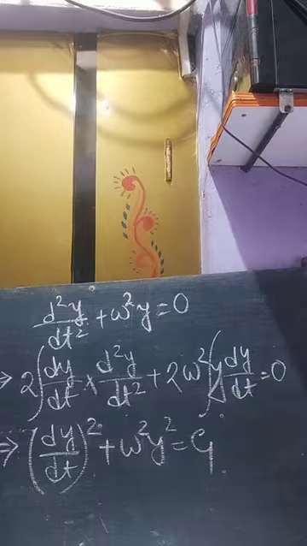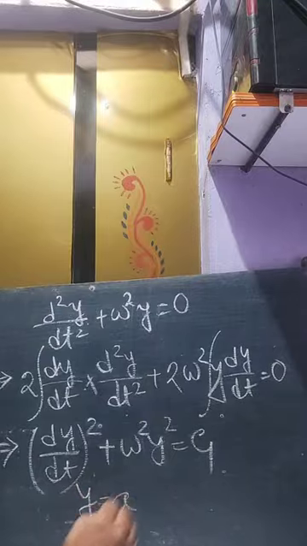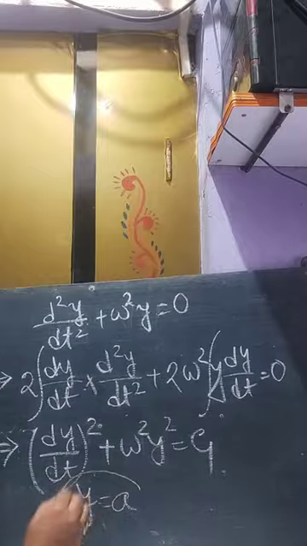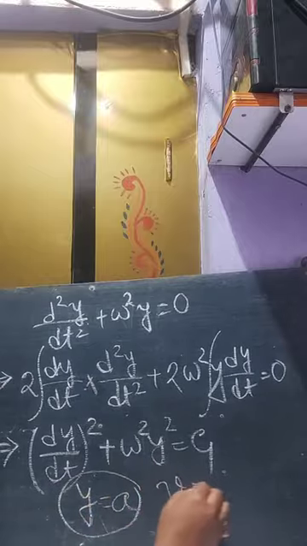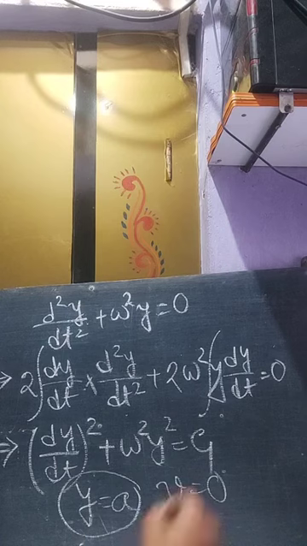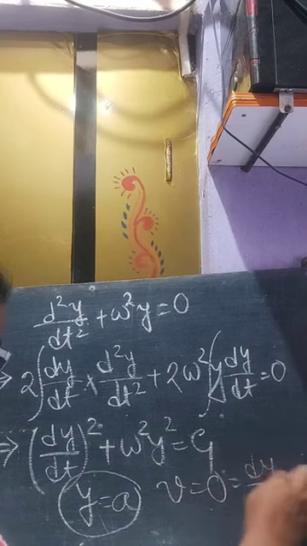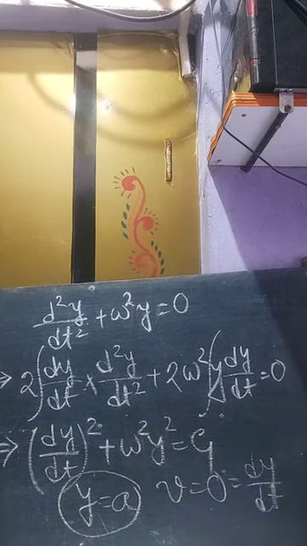We know that in SHM when displacement y equals a, the velocity equals 0, meaning dy/dt equals 0.